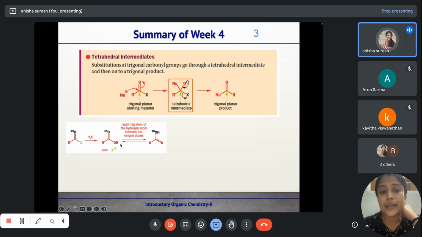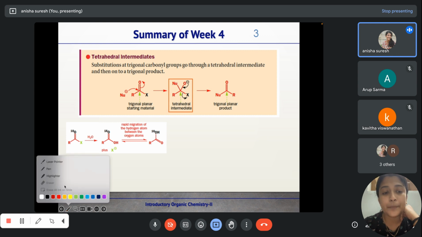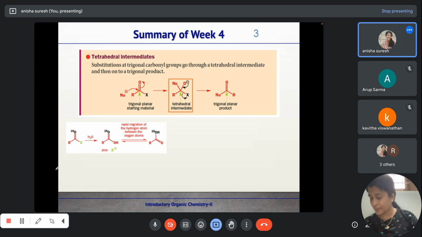Here there can be rapid migration of a hydrogen atom between these two O groups, so that a double bond O forms here and OH forms here.